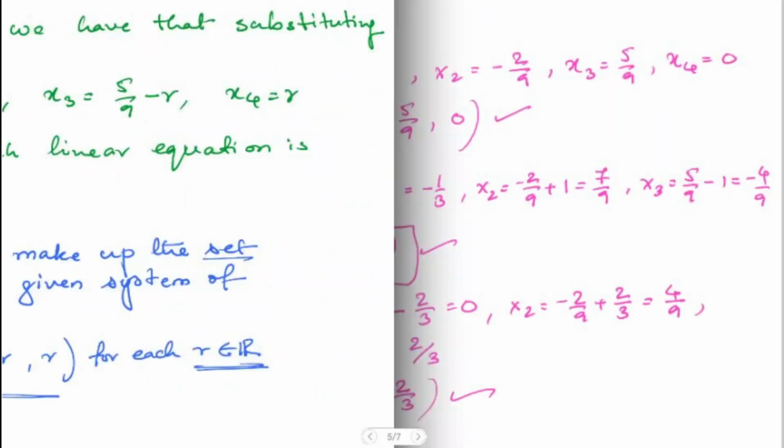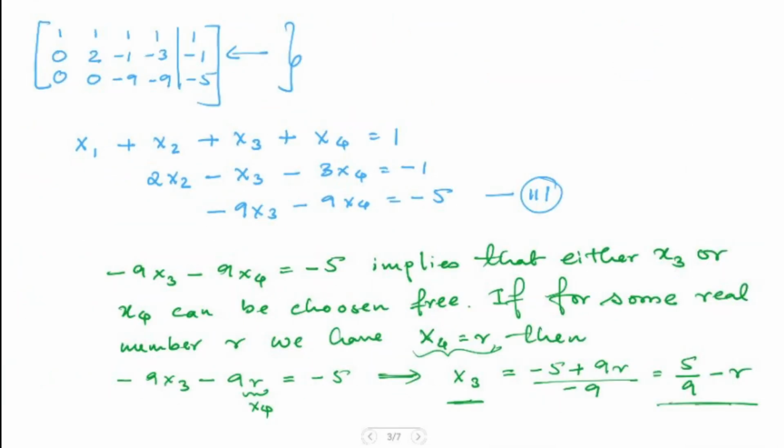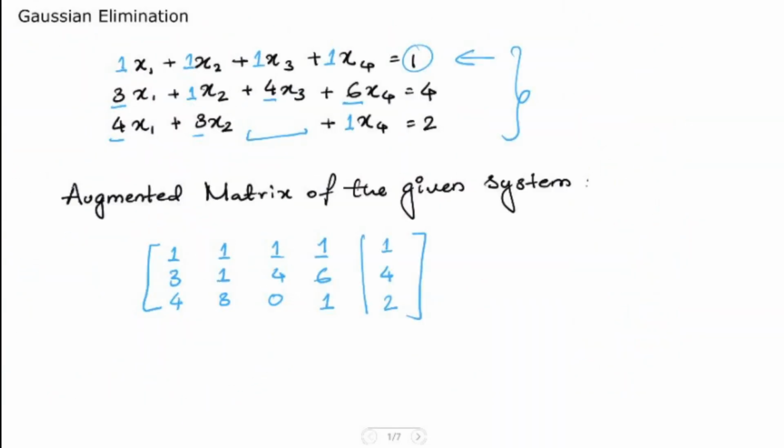So our second point is minus 1 over 3, 7 over 9, minus 4 over 9, comma 1. Now, our set of equations that we have, if I copy it, it will be easier for us to work it out.